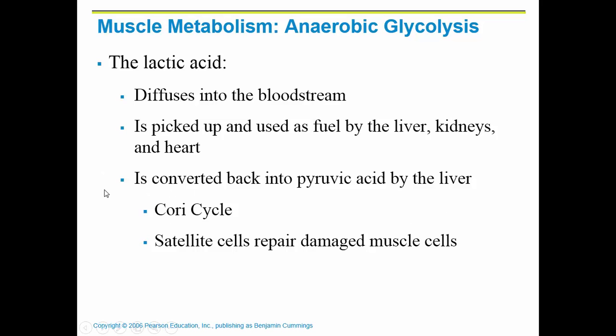So in the liver, it's converted back into that pyruvic acid that was originally formed by glycolysis. This Cori cycle allows us to then reuse that pyruvic acid to go through cellular respiration if oxygen is present.